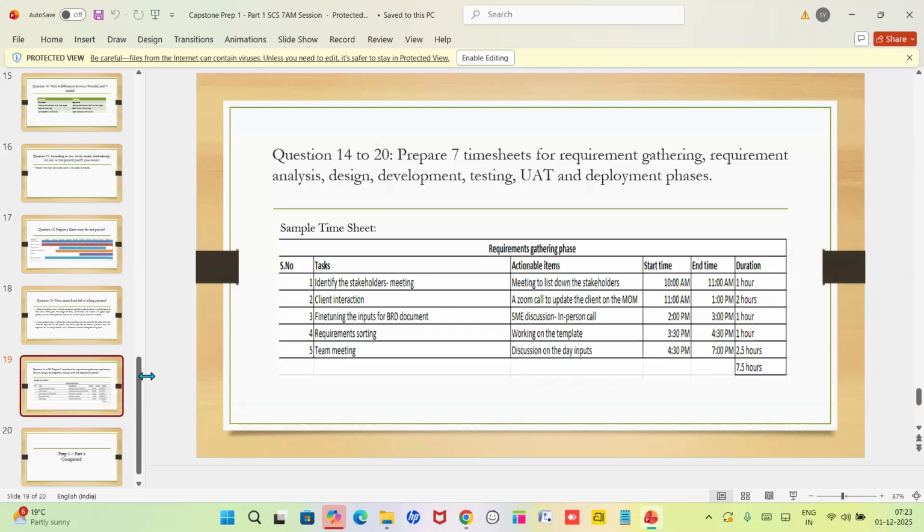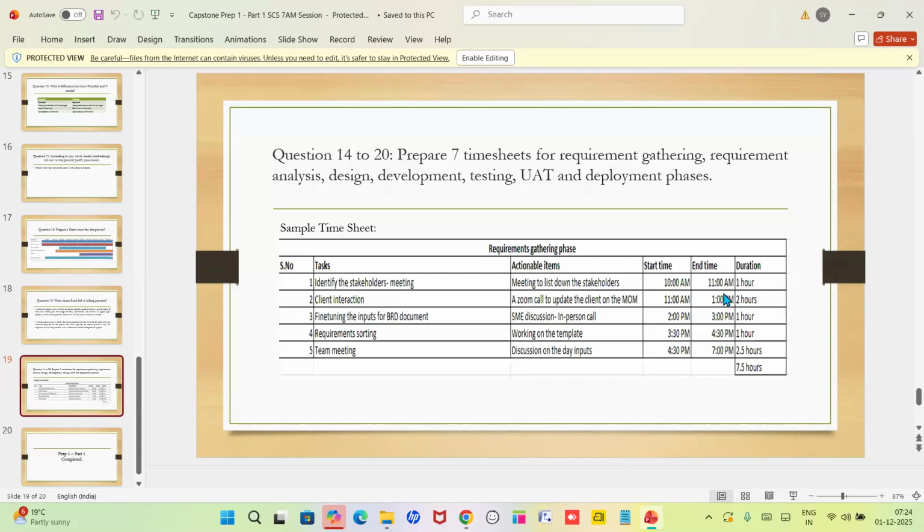Here in this timesheet, for the requirement gathering phase, we have a task like the identify stakeholder meeting. In this meeting, we list down all the stakeholders. It will be conducted from 10 a.m. to 11 a.m., so the duration of this meeting is 1 hour. Also, for client interaction, the clients will meet us to learn about the application and their requirements, and it will be conducted for 2 hours.